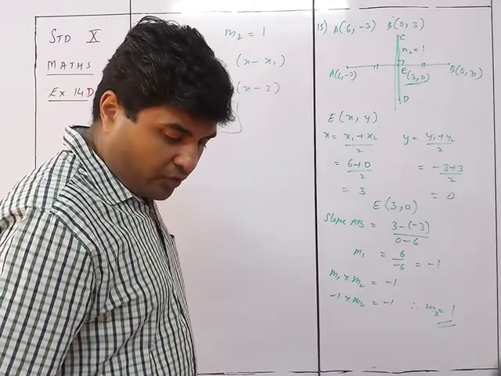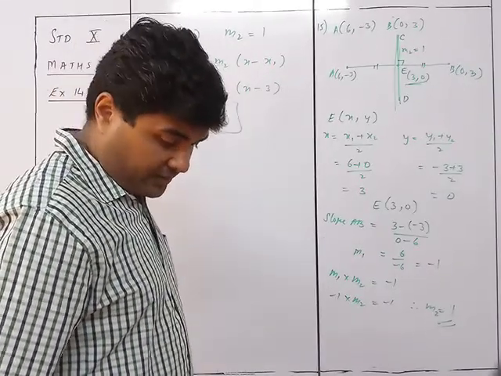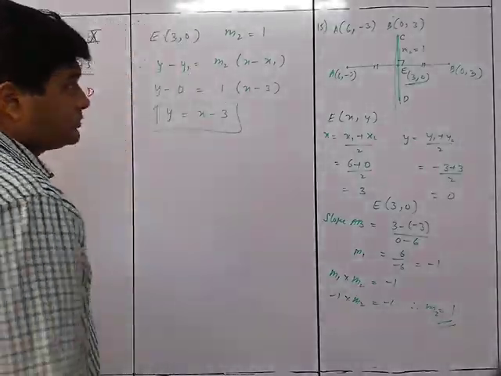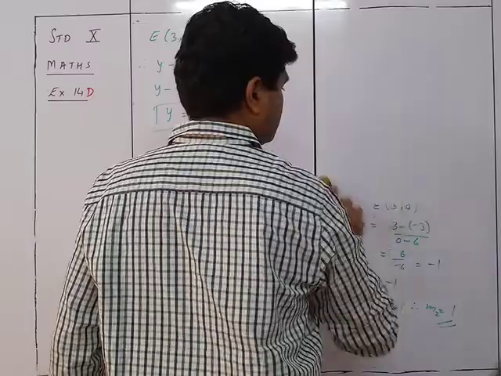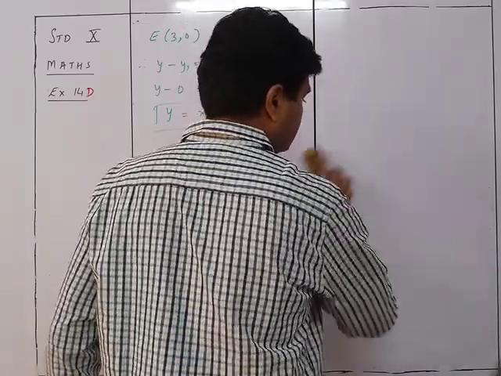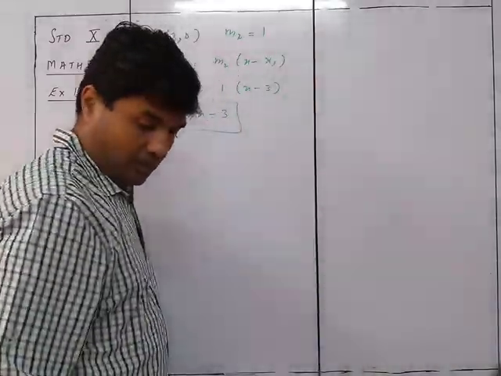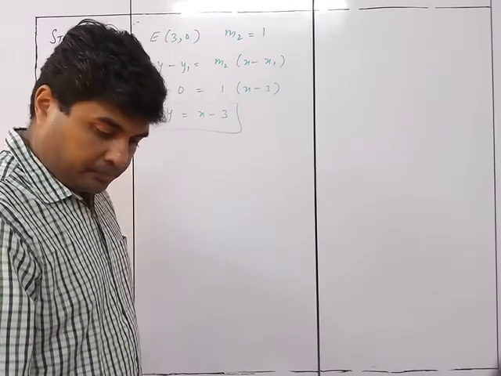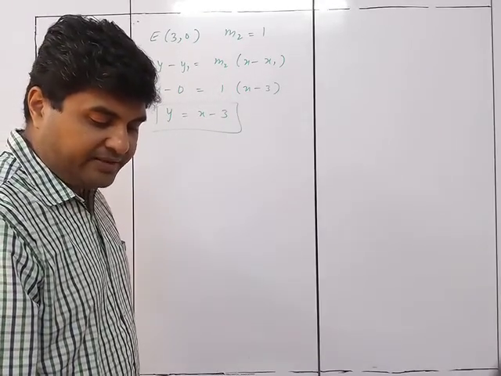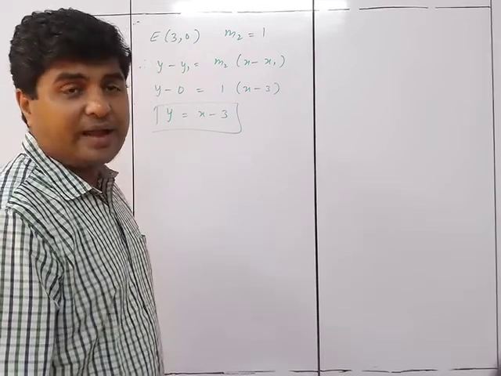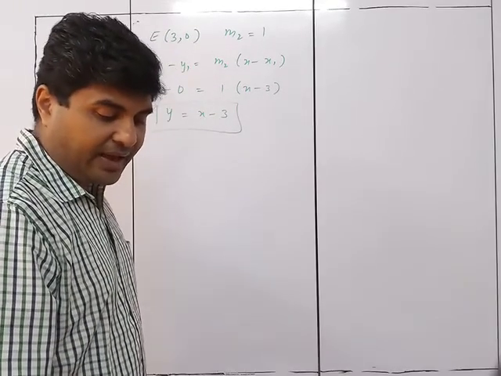We move forward to sum number 17. B and D are the vertices of the rhombus ABCD. Find the equation of the diagonals BD and AC.